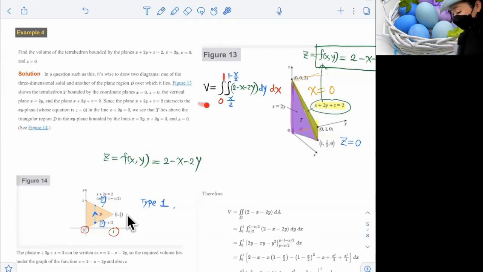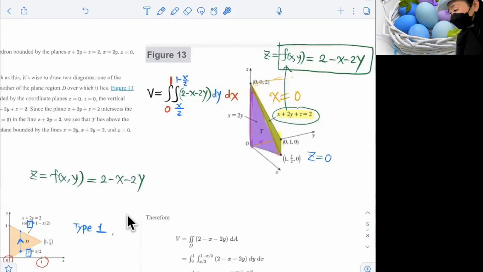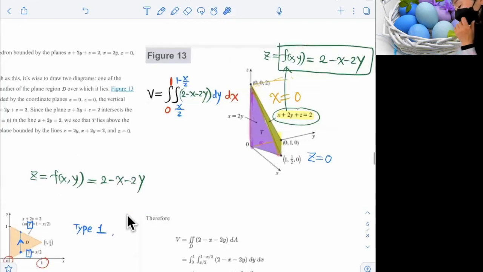And that double integral here represents the volume under the surface. So to do this type of problem and find a volume, you try to find the function for the surface. You express z as a function of x and y, so you isolate z equals 2 minus x minus 2y. This is a function of x and y.